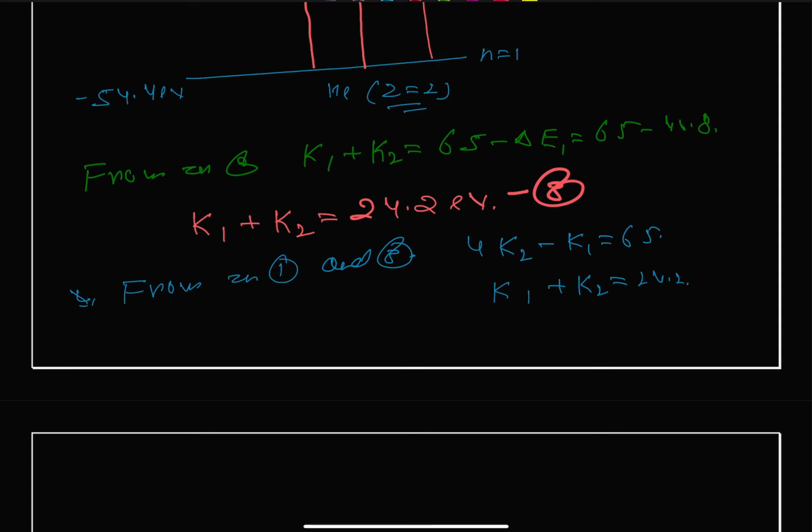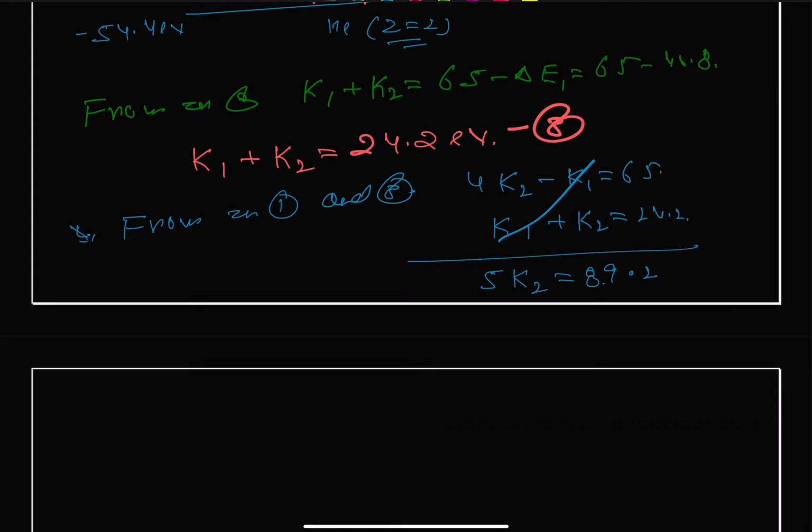So if we add them, this K1 cancels out, so we get 5 times K2 is equal to 89.2. So this gives us that our K2 will be equal to 17.84 electron volt.